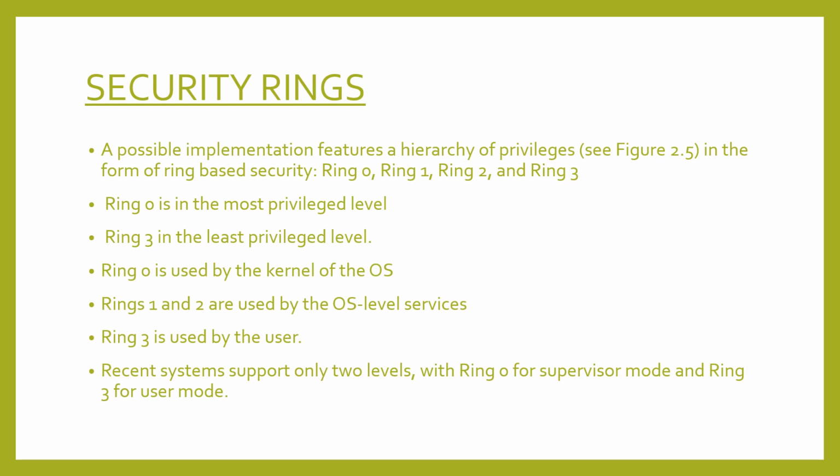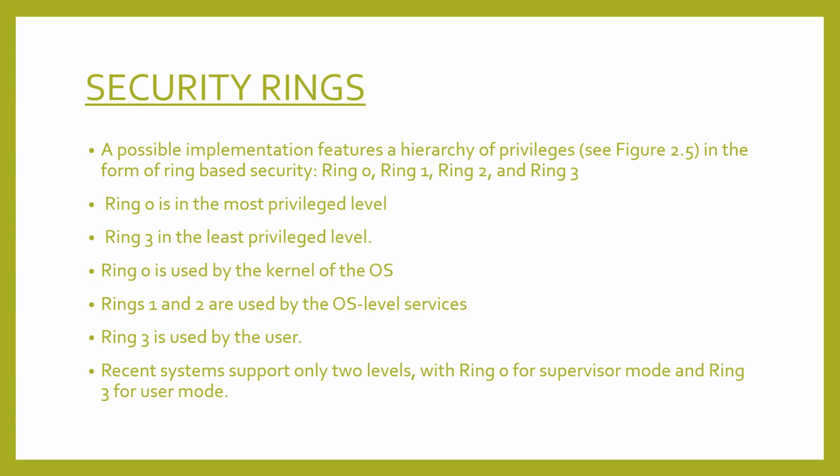Ring 0 is the most privileged level, whereas ring 3 is the least privileged level, and ring 0 is used by the kernel of the operating system, whereas ring 1 and 2 are used by the operating system level services, and ring 3 is used by the user.